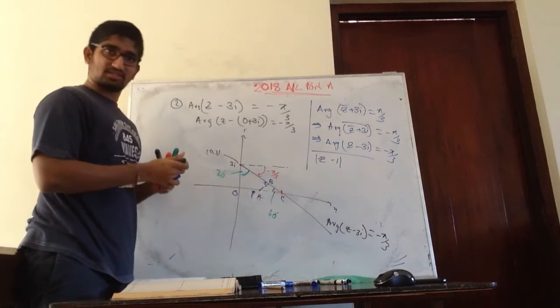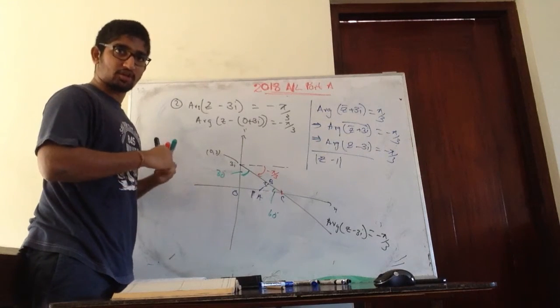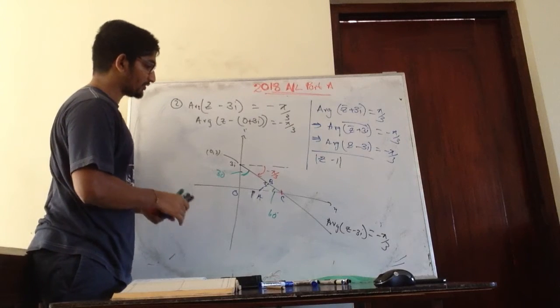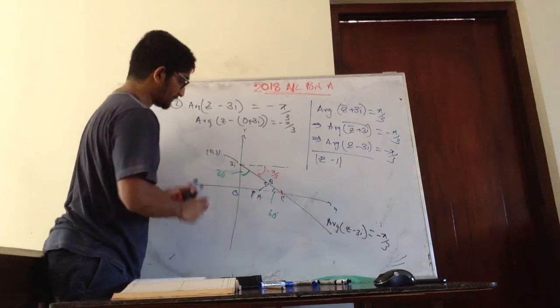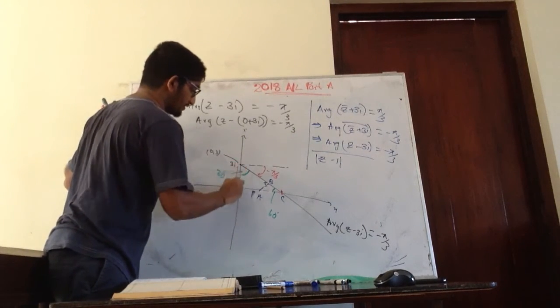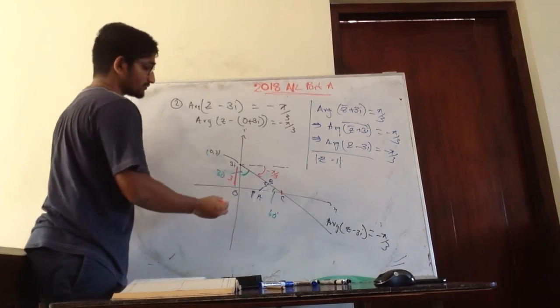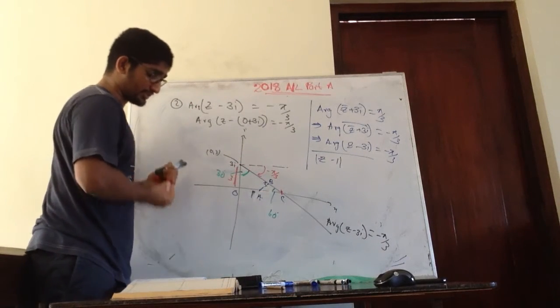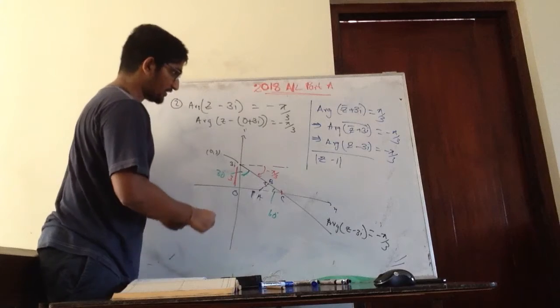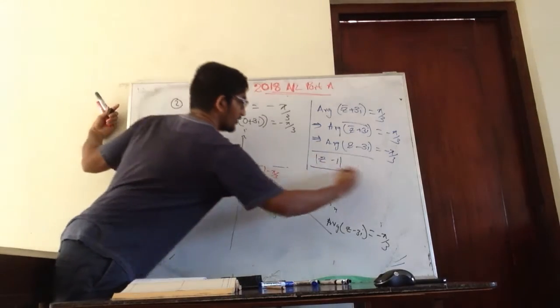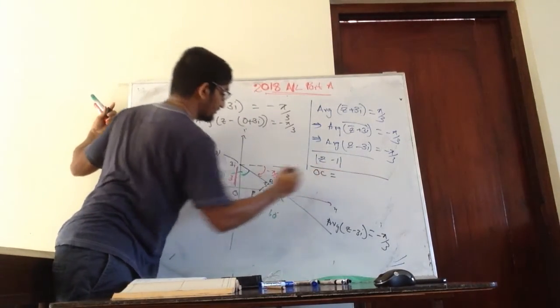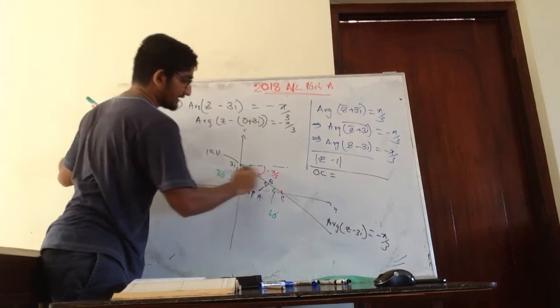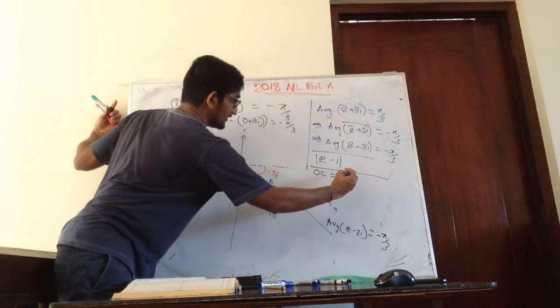You can get this OC value from the geometry, no? Because this part is going to be 3. So you can get this value easily, right? So OC will be 3 tan 30.